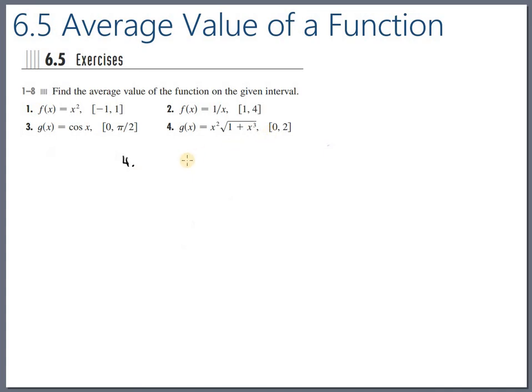It's from 0 to 2, so my multiplier out here is 1 over 2. And we're integrating from 0 to 2, x squared times the square root of 1 plus x cubed dx. There's the setup. Now we just have to actually be able to work the integral.